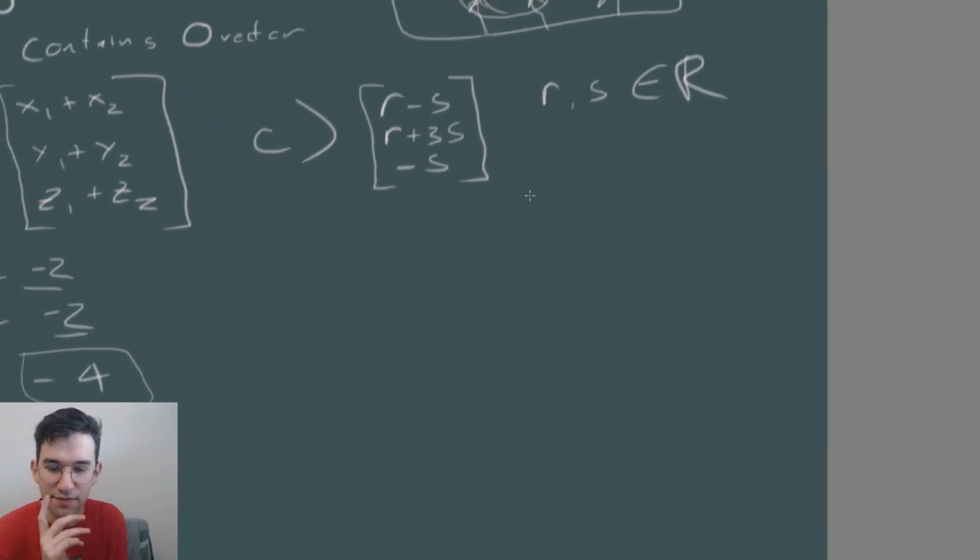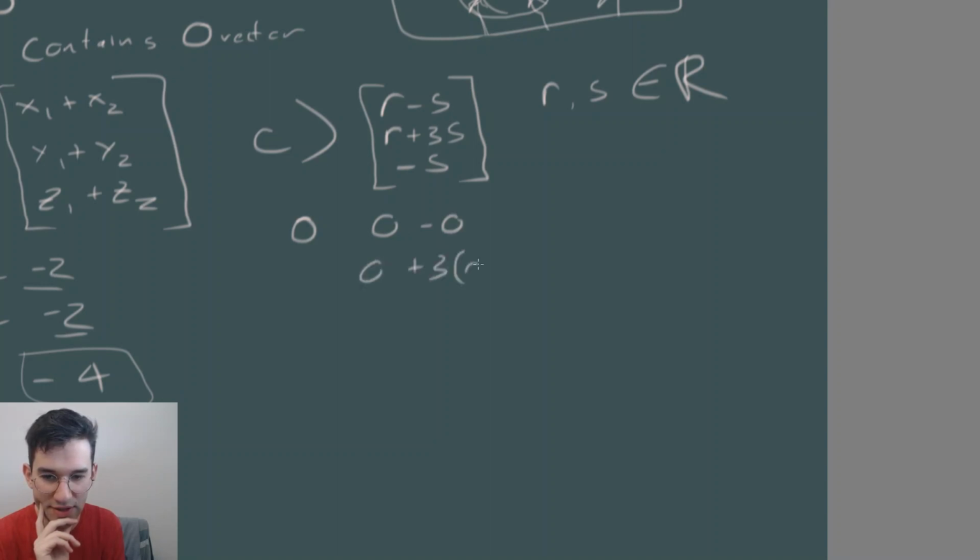Okay. So, real numbers include 0. Let's see, zero condition: 0 minus 0, 0 plus 3 times 0, -0. That equals the zero vector. First condition met.